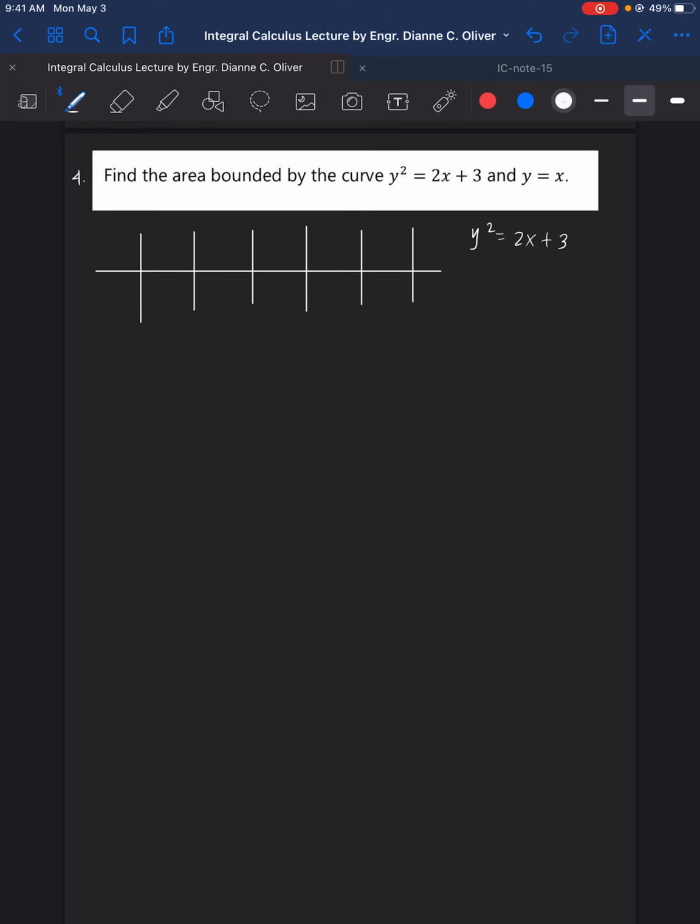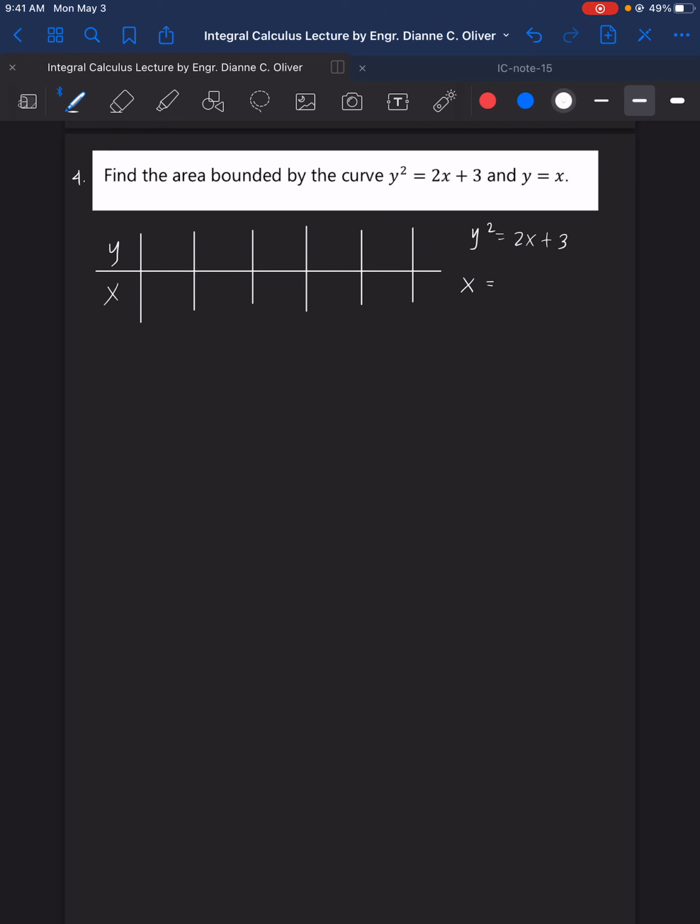Okay, so we have here y and then x. I think it's easier if we use x.